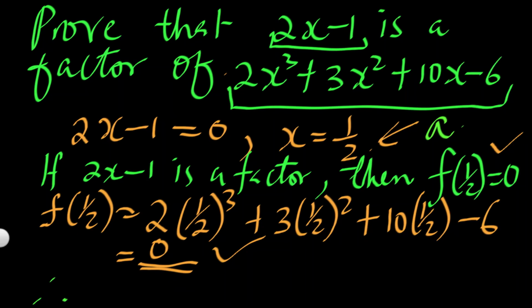Therefore, 2x minus 1 is a factor. 2x minus 1 is indeed a factor of 2x cubed plus 3x squared plus 10x minus 6.